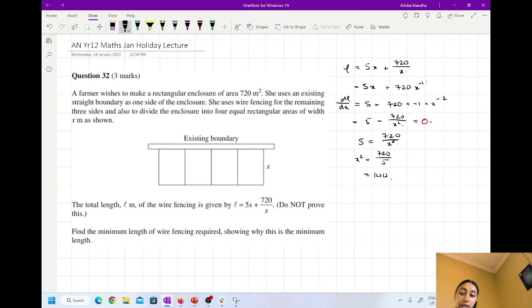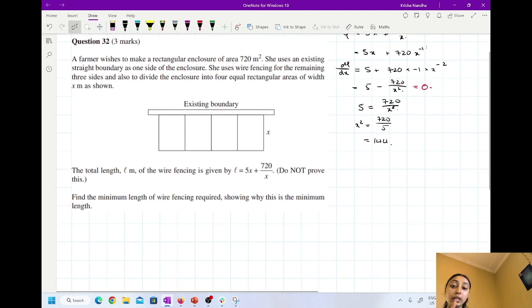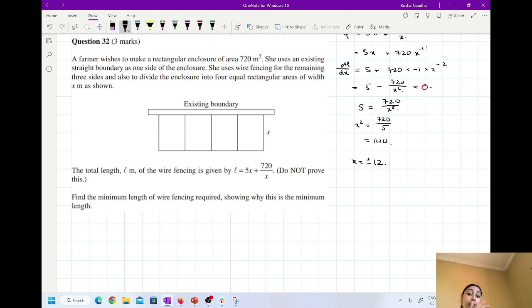Now, yes, the answer to x is 12, but we first need to write that x is equal to plus or minus 12. The reason is that we can square negative 12 and get 144, and we can square 12 and get 144, so when we square root it we get plus or minus. Then we need to say, as length is greater than or equal to 0, therefore x is equal to 12 is the answer.